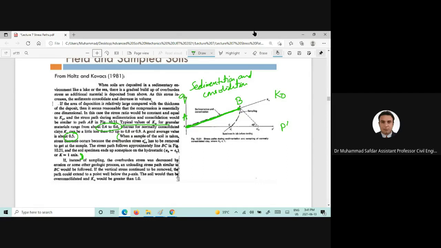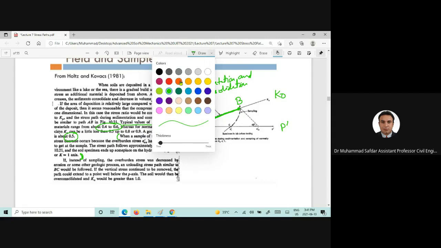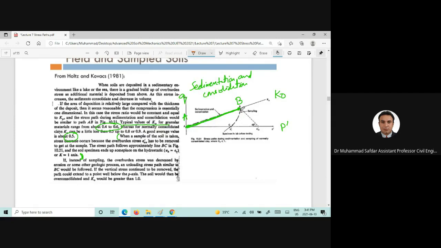Now, here we will collect the sample from B to C. This is the sampling stage.